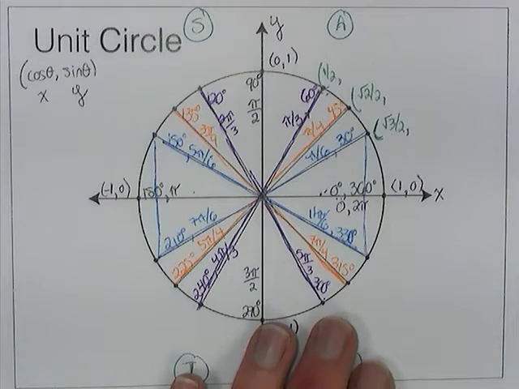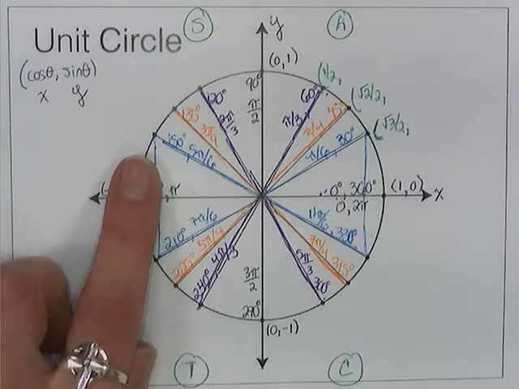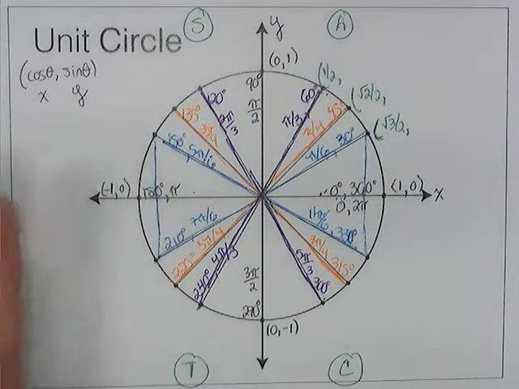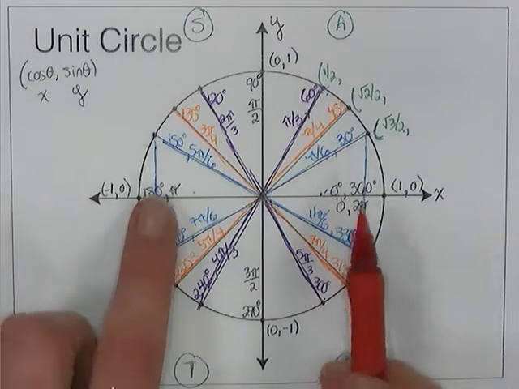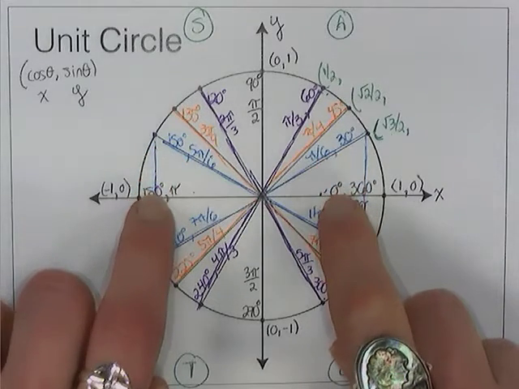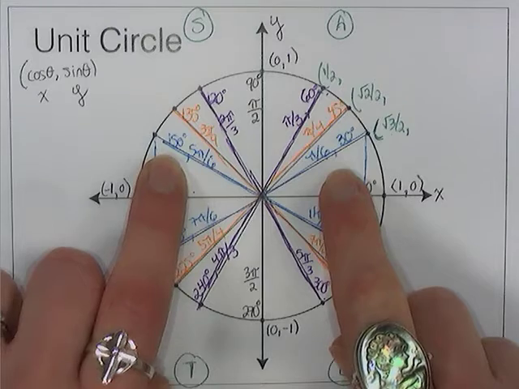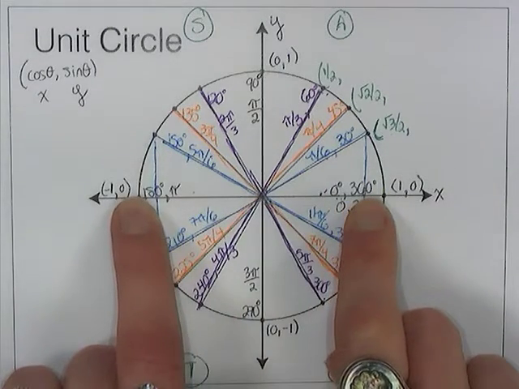Let's keep going around. So if I move into quadrant 2 now, I'm now looking at negative x values. And now we have to really start thinking about the reference angles. So these two, the blue ones, have the same reference angle. They're the same amount above the x-axis. So that means they're going to have the same x coordinate.